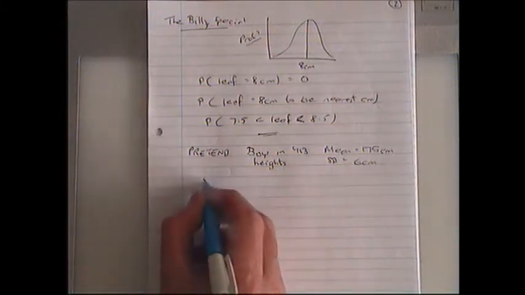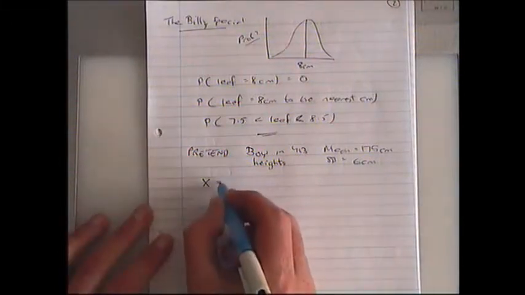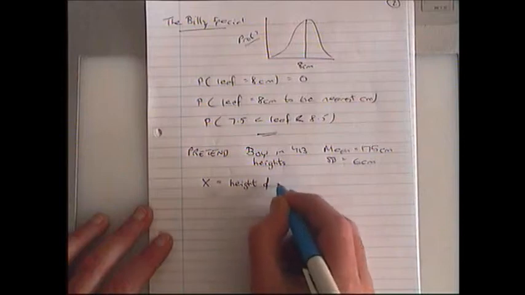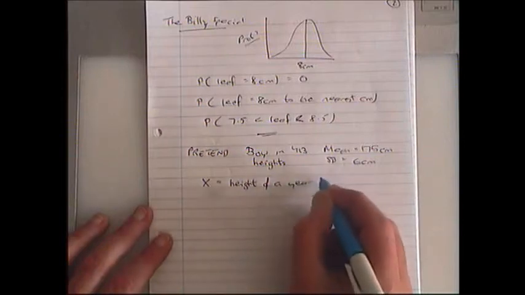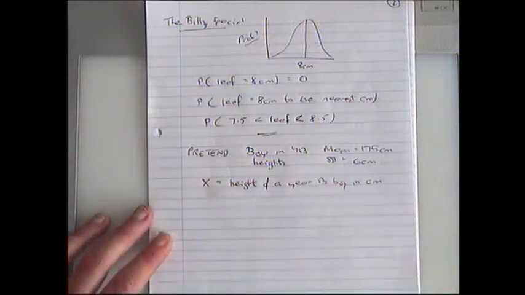So we start off with a capital letter to define our variable. This should ring bells from the binomial and Poisson distributions. Here X will be the height of a year 13 boy in centimetres.